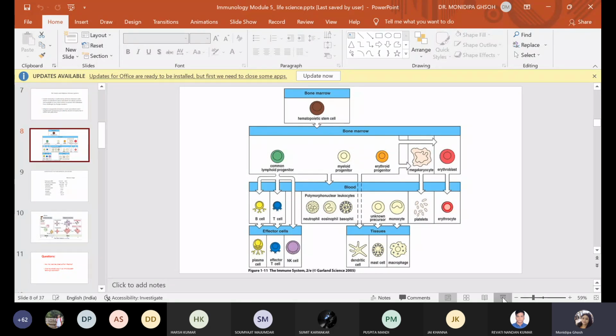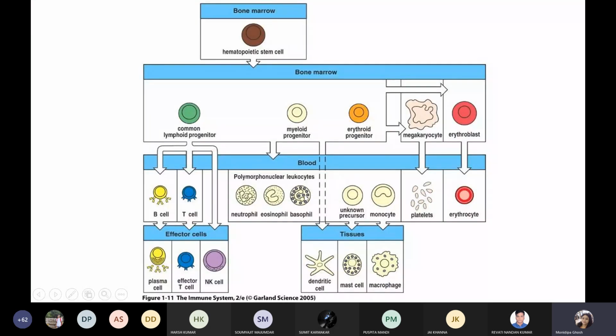Just see, these are the polymorphonuclear leukocytes, meaning their nucleus is polymorphic, having different shapes, multi-lobed, and they have dots inside their cytoplasm. What are these dots? You can't see these dots in the monocytes or lymphocytes or erythrocytes.